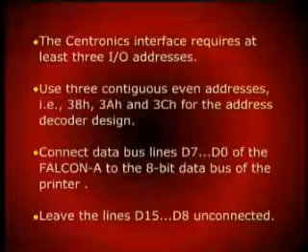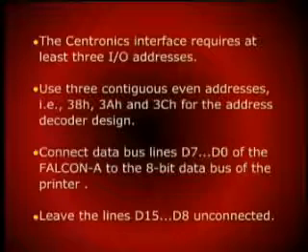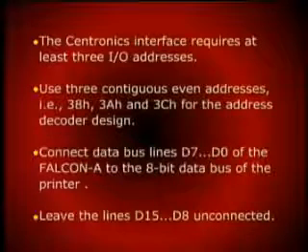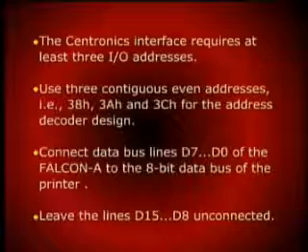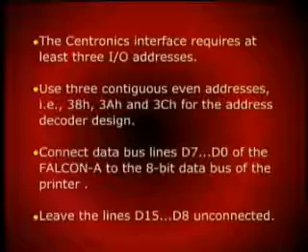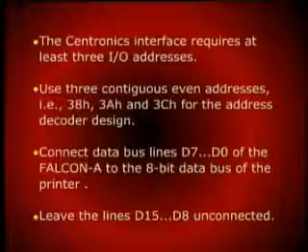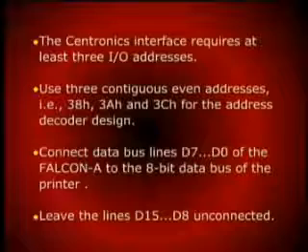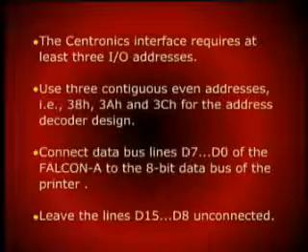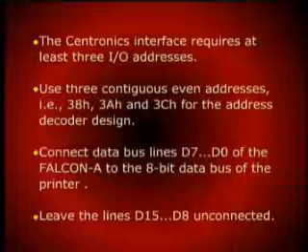Moreover, we will connect data bus lines from D7 to D0 of the Falcon A to the 8-bit data bus of the printer, that is, physically pins 2 up to 9 of the printer cable, and the other data lines, D8 up to D15, would not be connected.